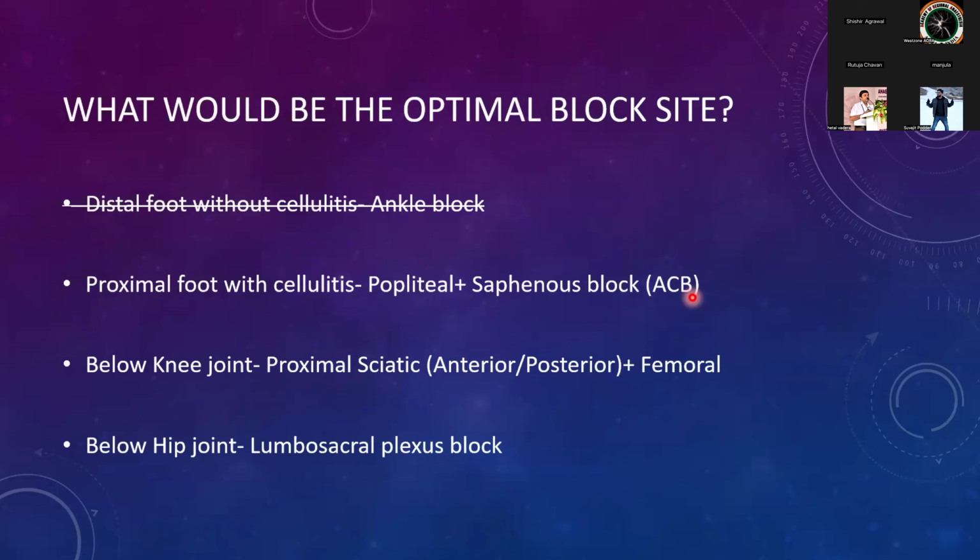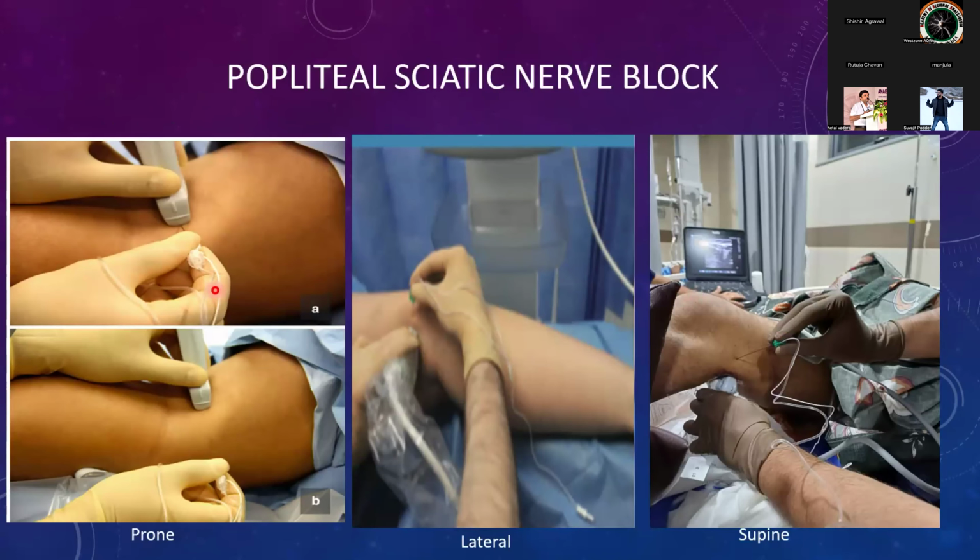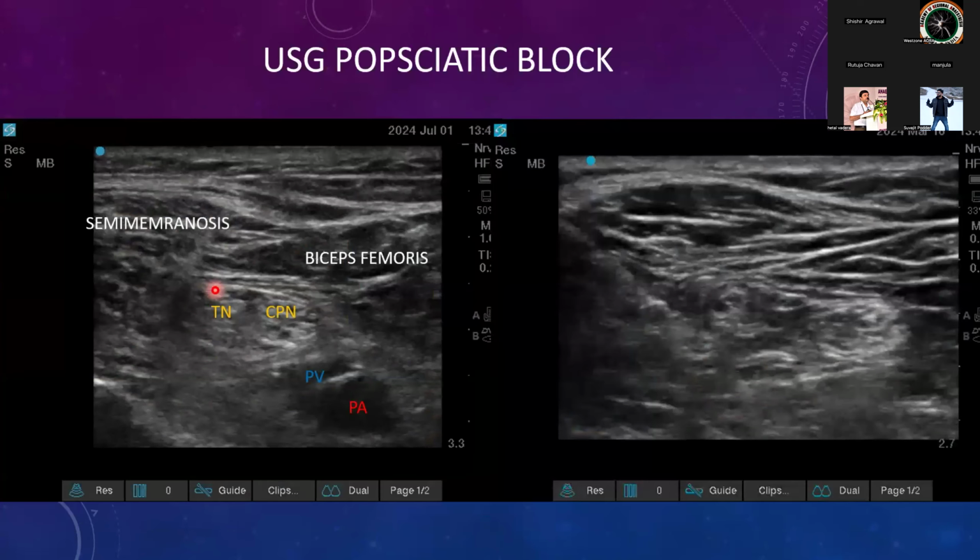Coming to the next, if it is a proximal foot with cellulitis, a popliteal with an adductor canal block can be preferred. The popliteal sciatic nerve block can be given prone, lateral, and supine. This is just an ultrasound picture showing the popliteal sciatic block.